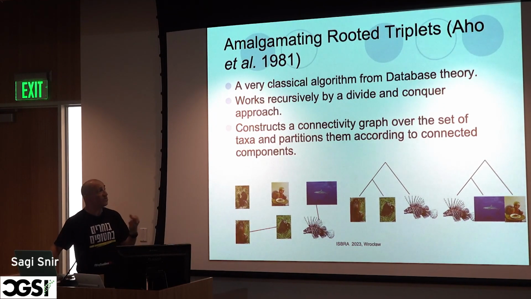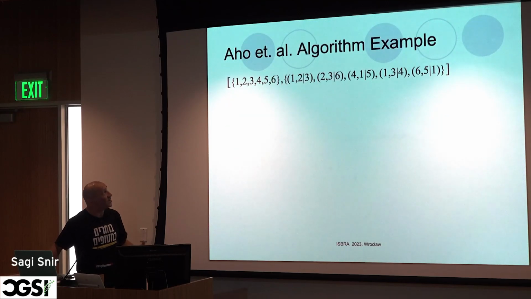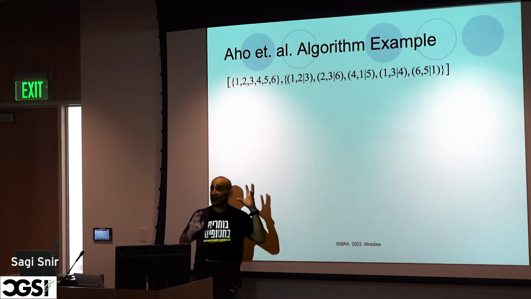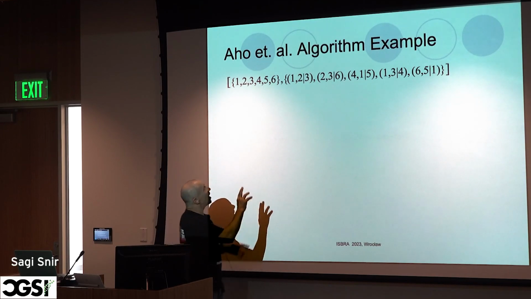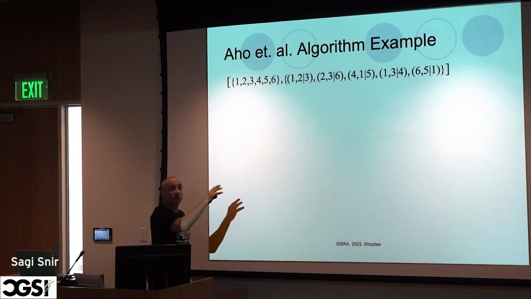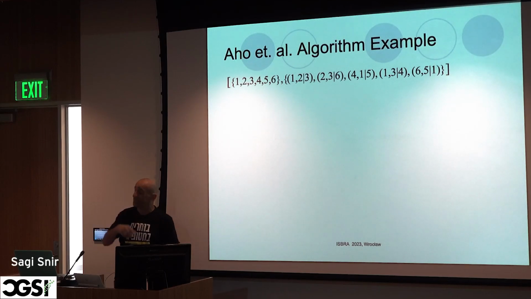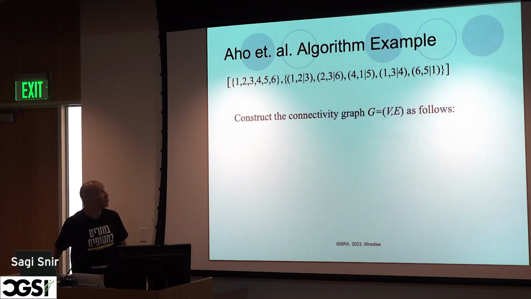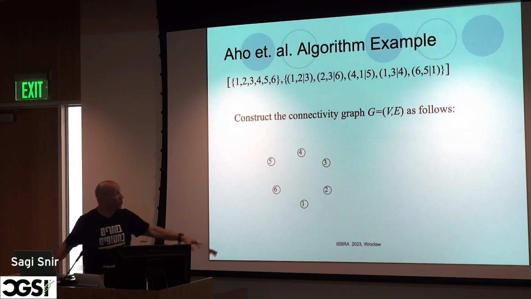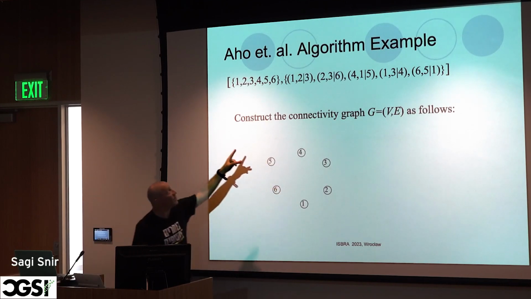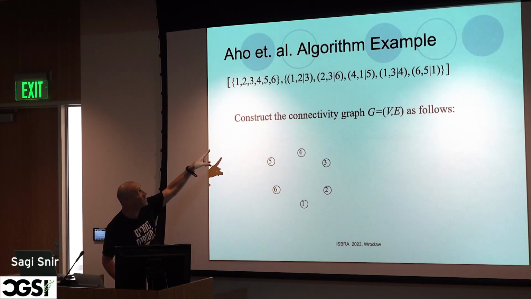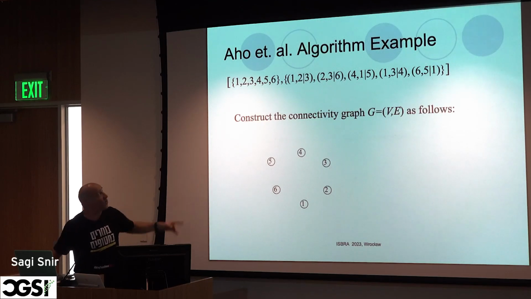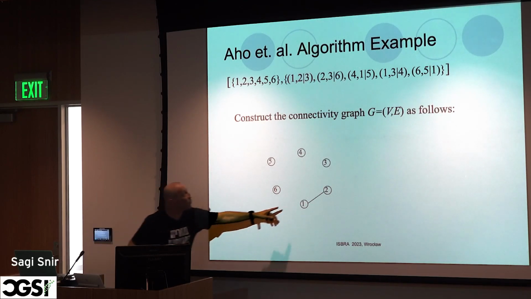So let's see something more concrete. Okay, so now this is the input. We have 6 guys and like 5 triplets over these 6 guys. Let's build the connectivity graph. So here are the 6 guys, and now let's go over every triplet. We start from the first one, and we join 1 and 2.